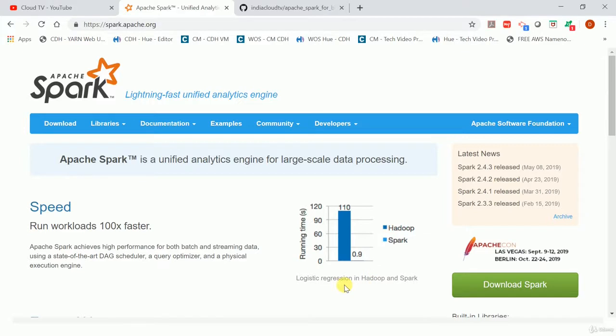What they did is a benchmark with respect to logistic regression. It's not for every kind of data load that you get 100 times the speed, but for a certain amount of data processing you can. For other workloads you can get up to 10 times faster than the Hadoop job.